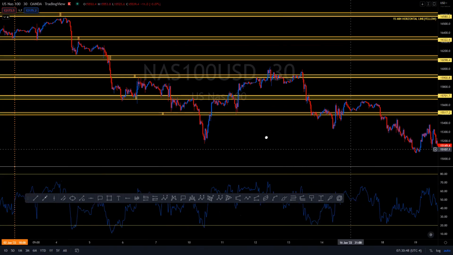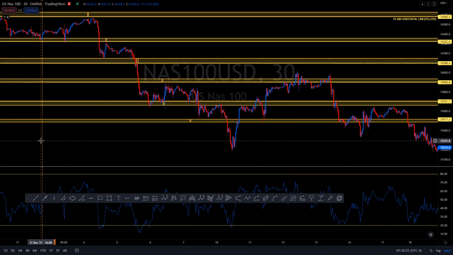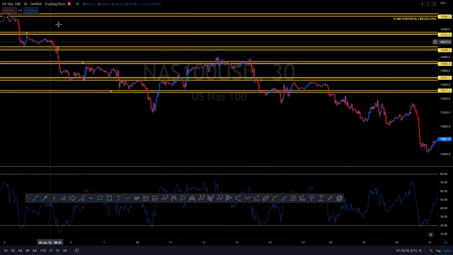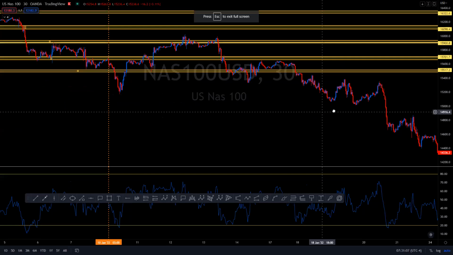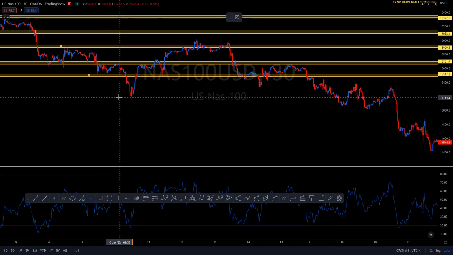Right, so this is for the 30-minute time frame, and as you can see, this is the 15-minute vertical line. So then what I'm going to actually do here, I'm going to take another vertical line and put it there. Then I'm going to do another one here.